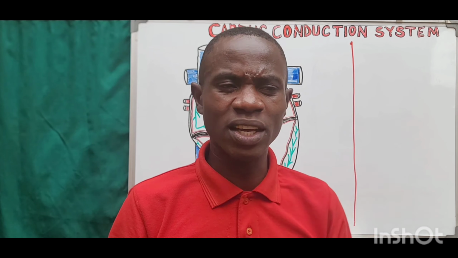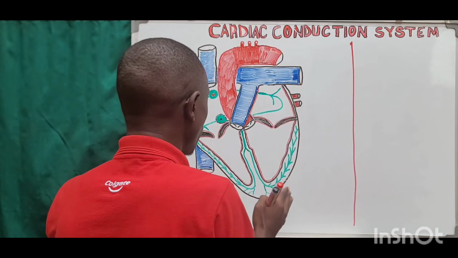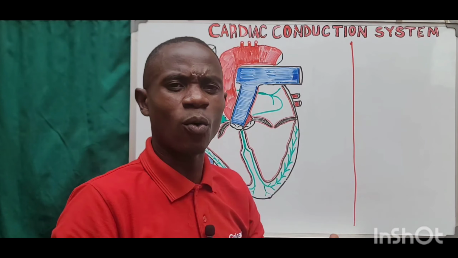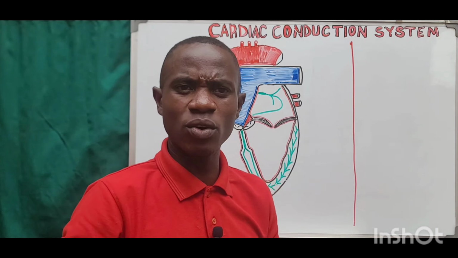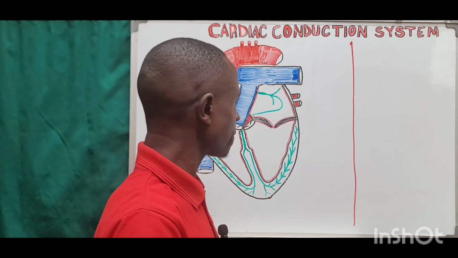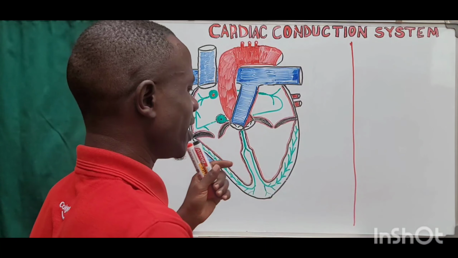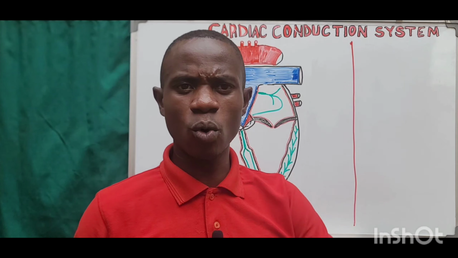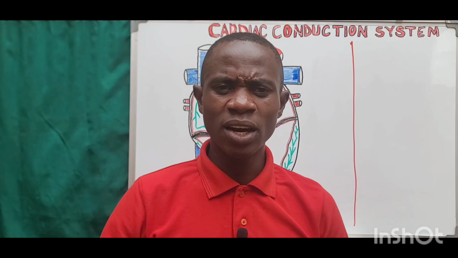But before we go into that, we need to take an orientation of this diagram and see exactly where we find all those different kinds of autorhythmic conducting cells, the nodal cells. We said that the heart exhibits a principle called automaticity.